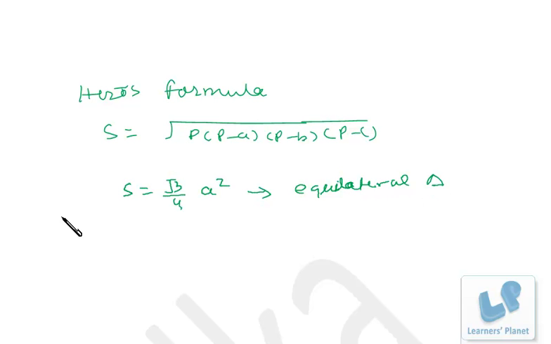Okay, now the other relationships that you must know are S is equal to PR, where P is the semi-perimeter and R is the inradius, or we can say S is equal to ABC by 4R. Here R is the circumradius, ABC are the sides of the triangle, and P is the semi-perimeter that I have already told you, right? So these are the basic things which I have discussed so far that you must know, so you'll be able to solve the problems in a faster manner.